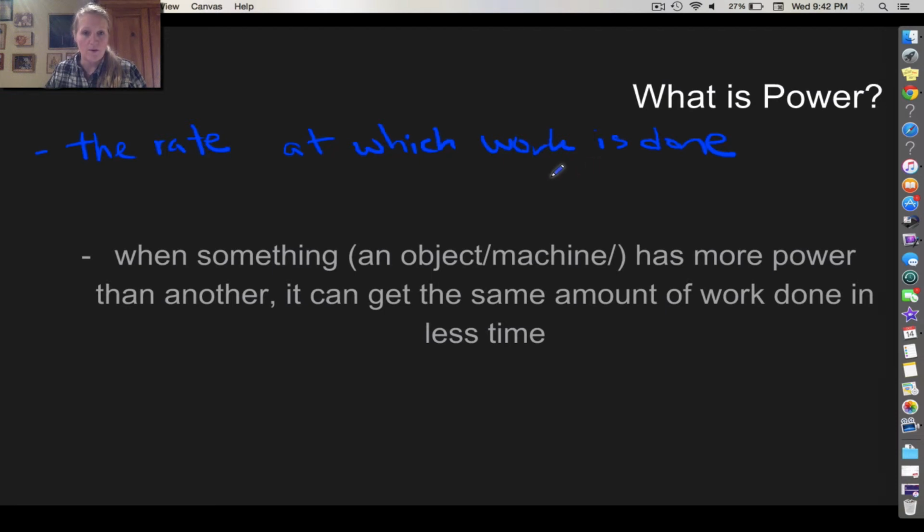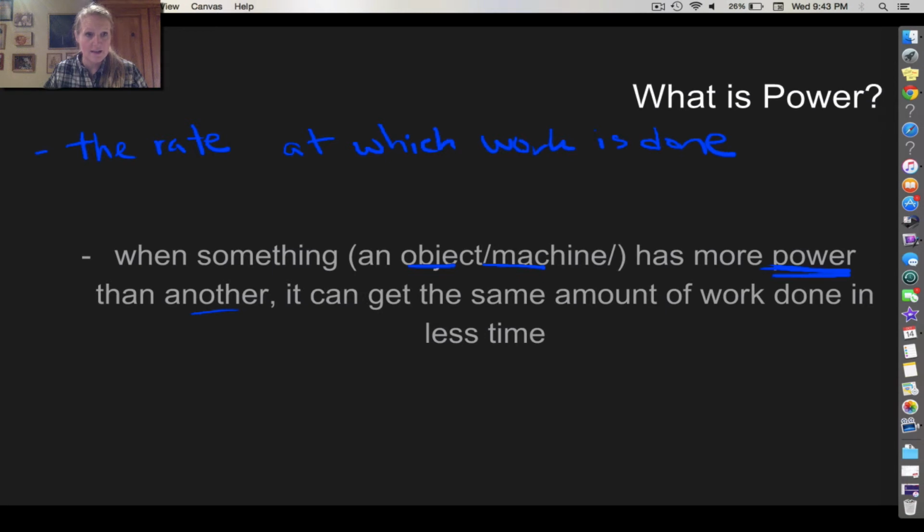So when an object or a machine has more power than another, it can get the same amount of work done in less time, okay? So if you're comparing a machine lifting something versus you lifting something, because the machine has way more power if it's a strong machine, then it will get that same lifting process done in less time, because it can actually do it.